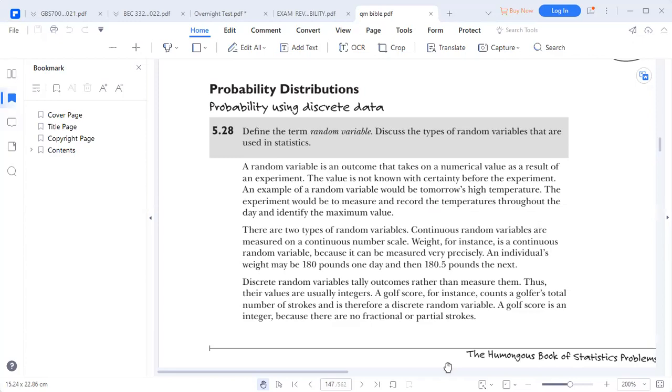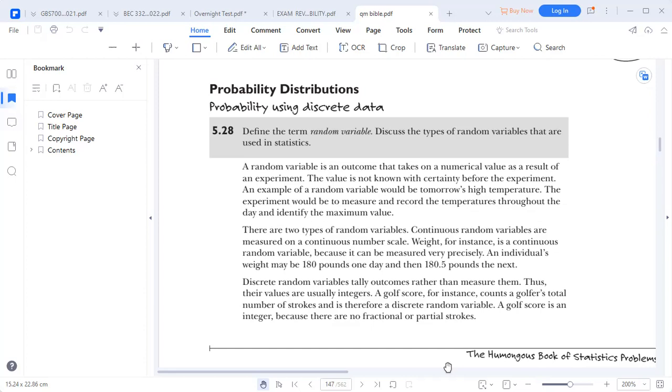So when we're dealing with random variables, there are two types that we're going to look at. They are what we call continuous random variables. These ones are usually measured on a scale. Continuous values may take on decimals. So we have discrete numbers and continuous numbers. Continuous numbers, like that of weight, we could have 1.2 kg, 1.9.